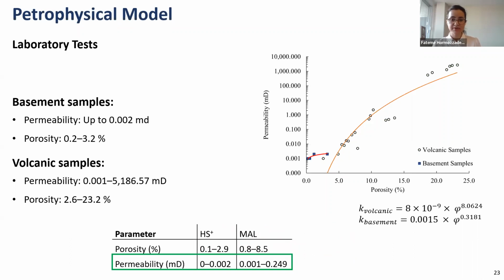We see that the permeability is so low, up to 0.25 millidarcies. To have a productive reservoir, we should at least have permeability higher than 0.1 millidarcy based on the literature. So this is not too high a permeability.